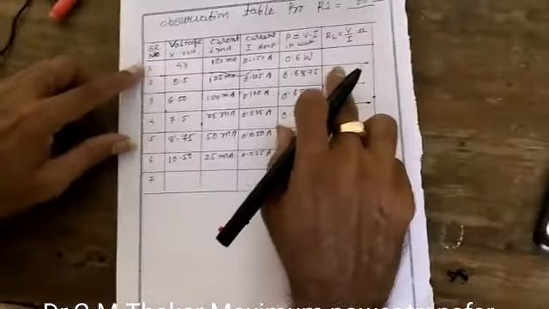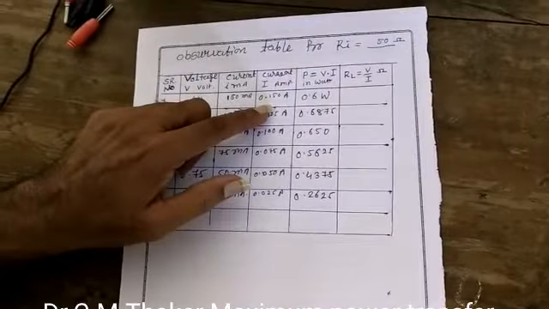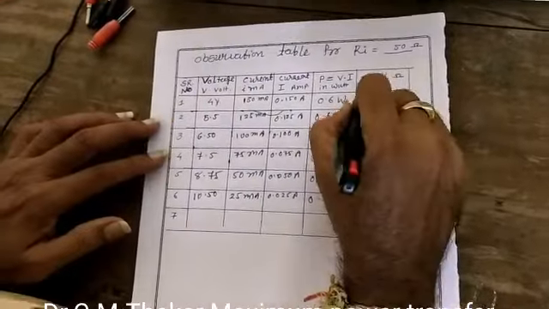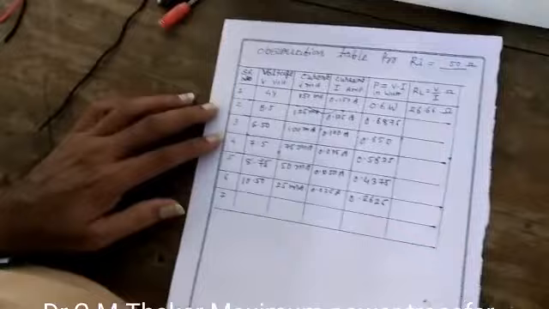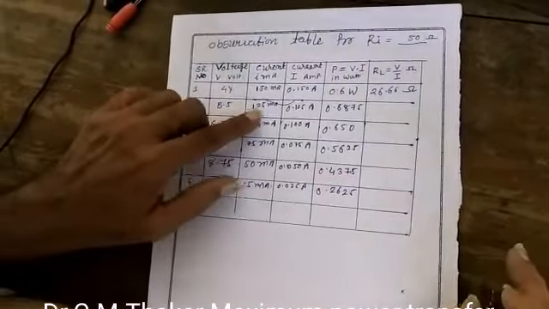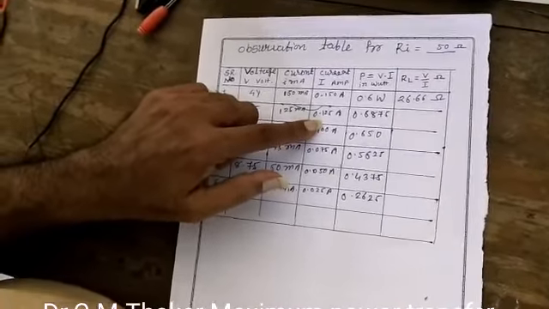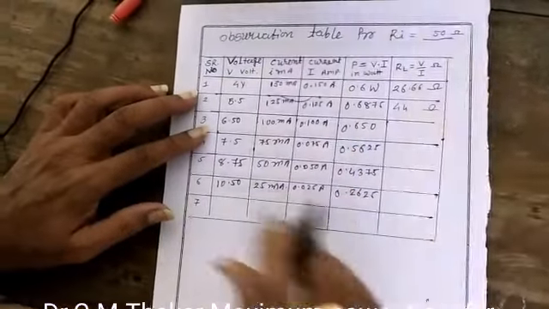So how will it be divided? 4 divided by 0.15 will be 26.66 ohm. Then 5.5 divided by 0.125 is 44 ohm, right?